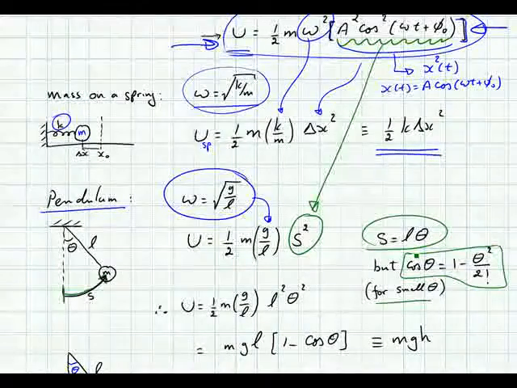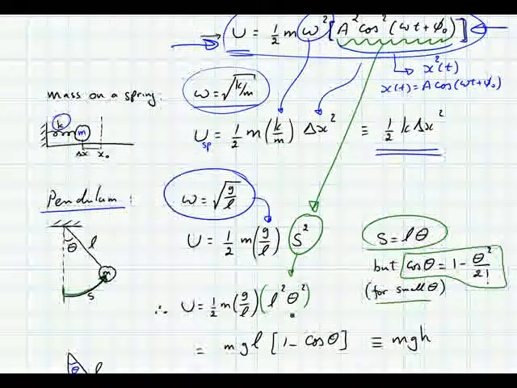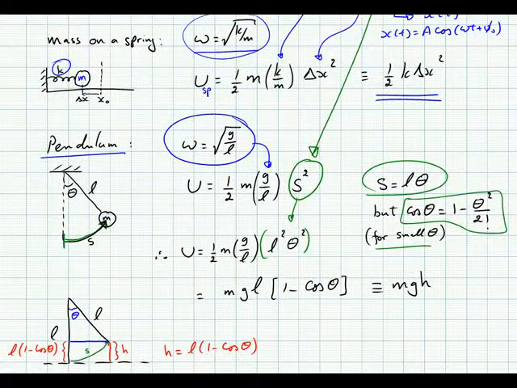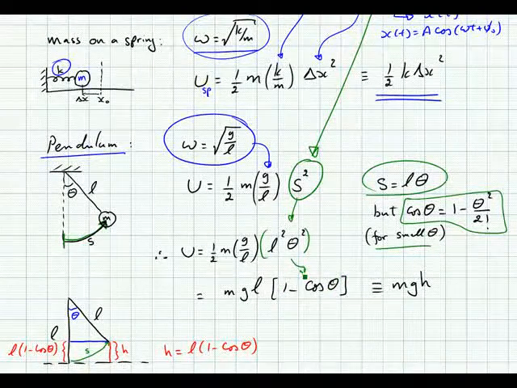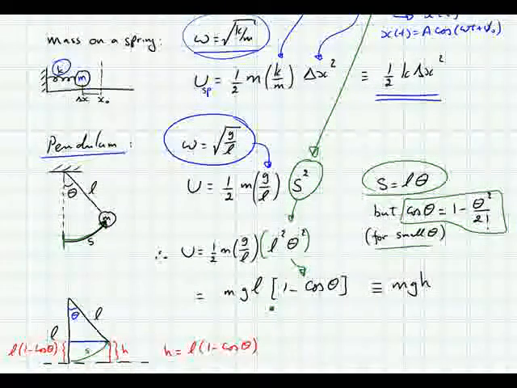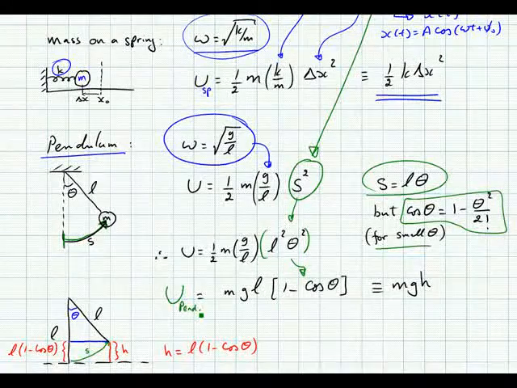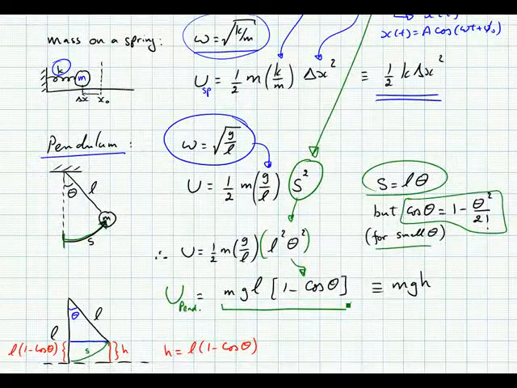So substituting, first of all, for s squared as L squared theta squared, and then substituting in for theta squared as twice 1 minus cosine theta, you can check the algebra, see if I made a mistake or not.